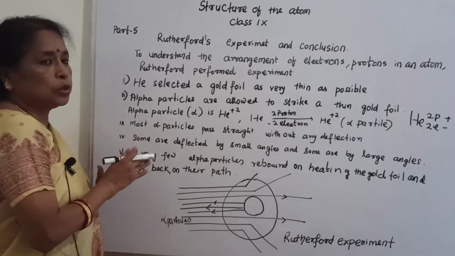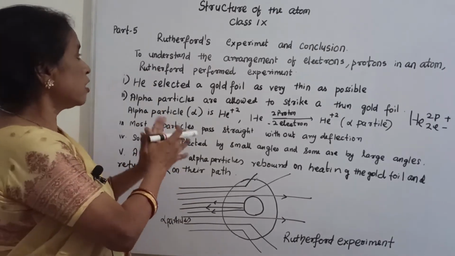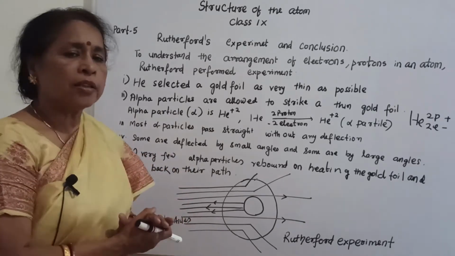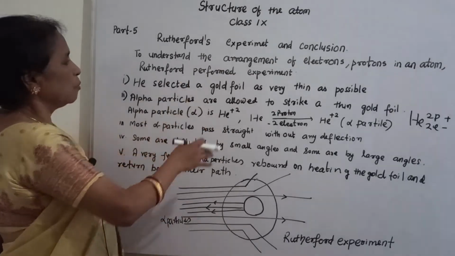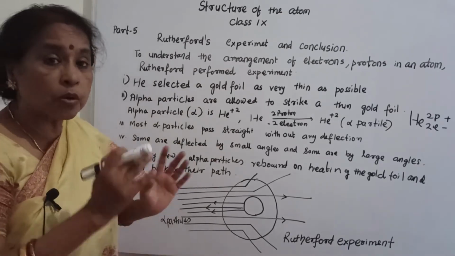Rutherford's aim was to understand the arrangement of electrons and protons in an atom. Many scientists did many experiments, but the most important was Rutherford's experiment.